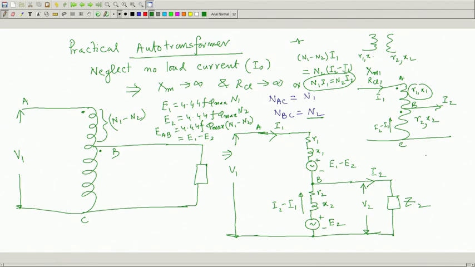I will define N 1 by N 2 as A. Then I will say that I 1 is equal to I 2 by A. This much I can confidently say: if this current you record it so much ampere, N 1 total turns, N 2 this turn, then this current will be I 2 by A. This I am sure of. Got the point? This is the thing.